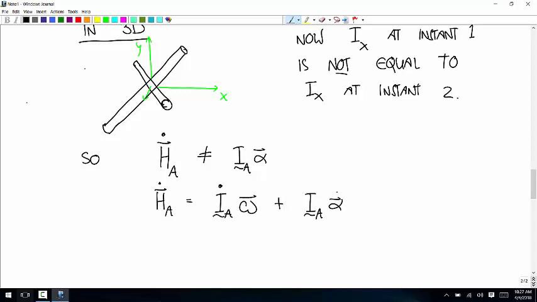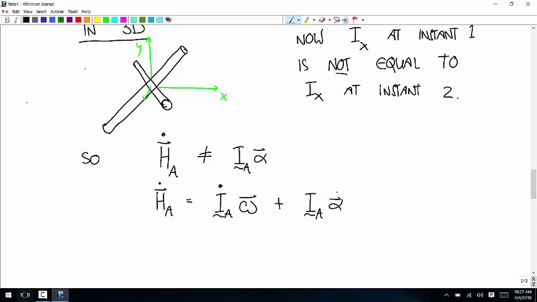And so the way you have to go about it is you have to do your calculation in a coordinate system where the mass moment of inertia does stay constant, because we don't have any way to deal with this time derivative. And that's not hard to find. It's easy to come up with a coordinate system where the mass moment of inertia stays the same as time goes by. Just choose a coordinate system that rotates with that body.